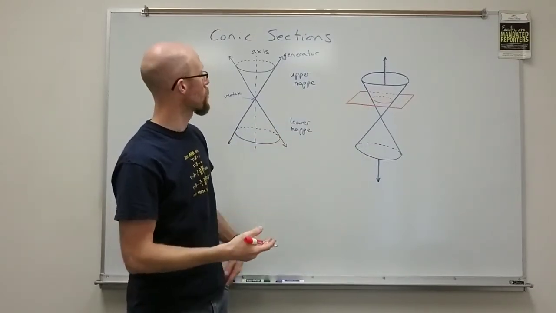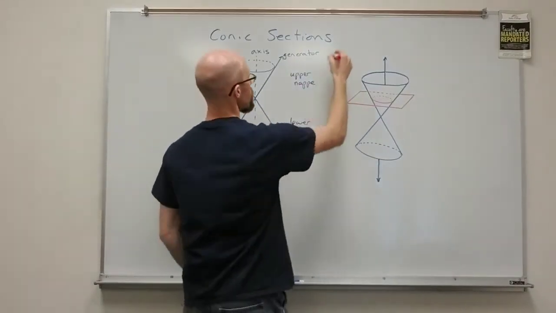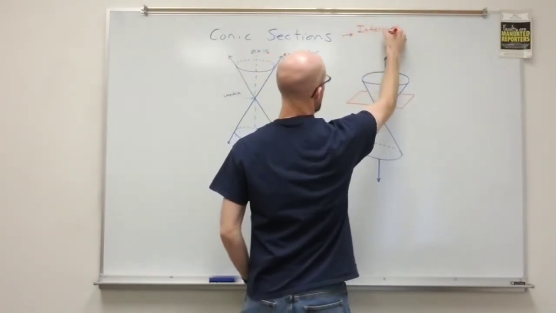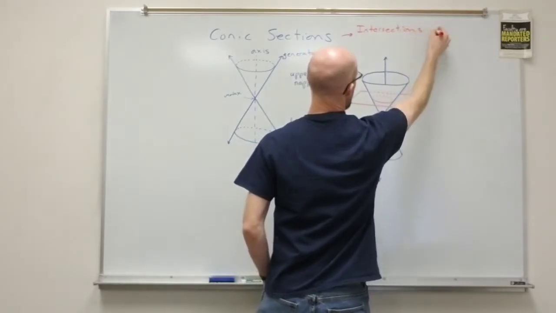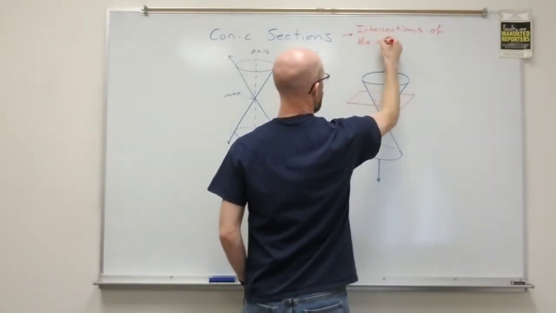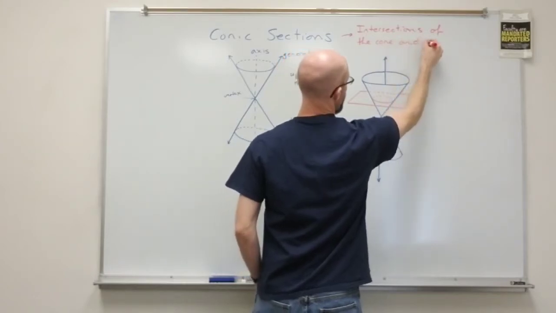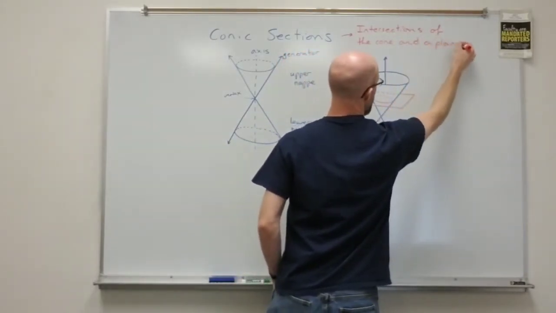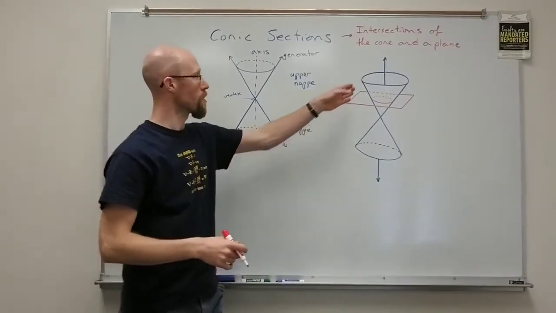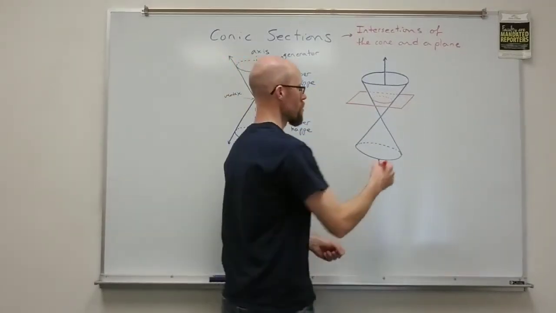So the conic sections are the intersections of the cone and a plane. So specifically, if the plane is perpendicular to the axis, the intersection is a circle.